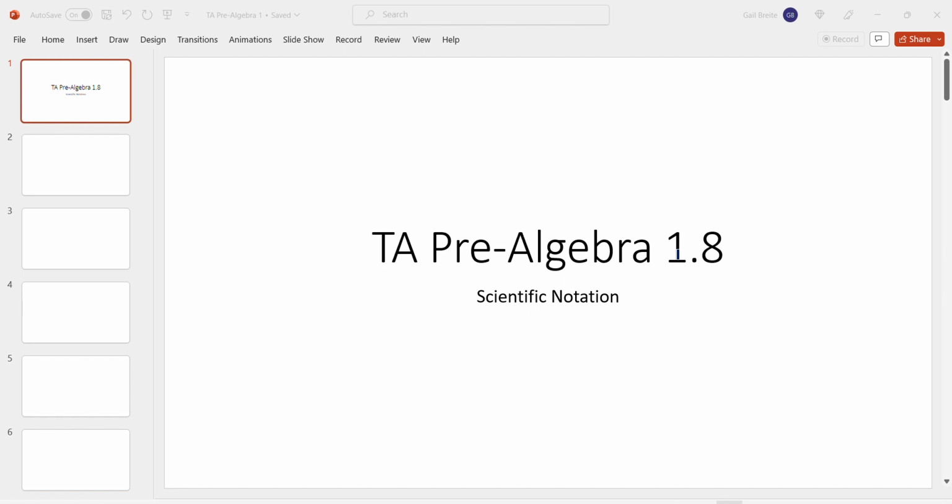We are asked to write this number in standard form, 6.37 times 10 to the 5th power. Set your number out. And we're going to work 5 to the right. It's a positive exponent. 1, 2, 3, 4, 5. I like to draw an arrow where my new decimal is going to go.